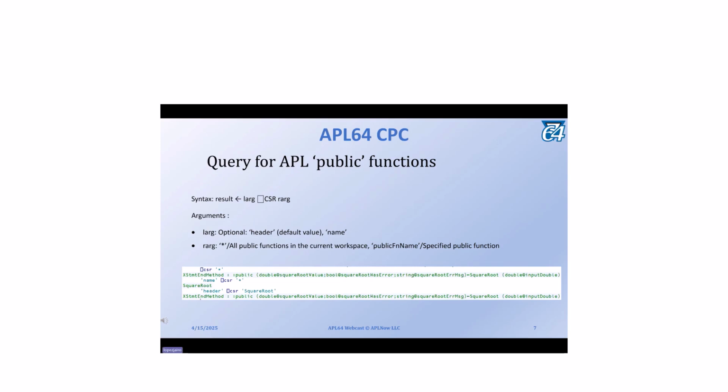So you can quickly query what functions have been made public in your space. If you use anything other than a star or a valid public function name, you get domain errors. If you put something on the left argument that is not name or header, or leave it empty, you just get a basic validation error.